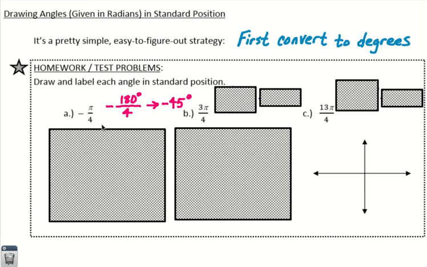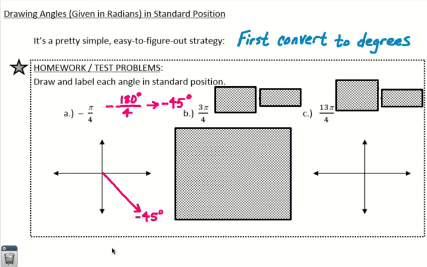As always, feel free to pause the video and give yourself time to write all this down. But where is negative 45 degrees? Right there, okay? And how about we start, as a rule, adding that little directional arrow. Because remember, this is a negative angle, which goes clockwise, like that.